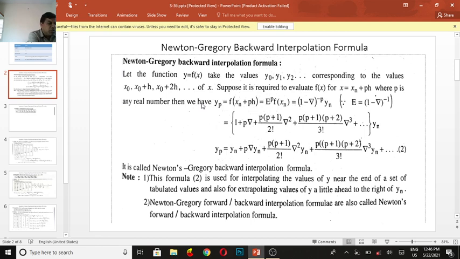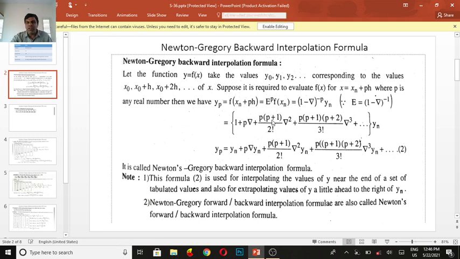E can be written as 1 minus backward delta, whole raised to minus p yn. So E should be equal to 1 minus backward delta, raised to the inverse, and p is negative. So 1 minus delta whole raised to minus p yn. This is the formula.